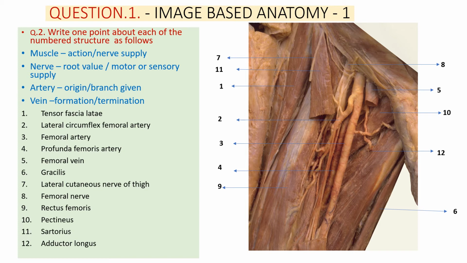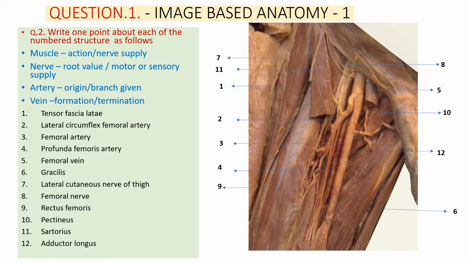You have to write one point about each of the numbered structures. There are certain guidelines given. For a muscle, you should be able to tell its action or nerve supply. Think of both. That will be good.